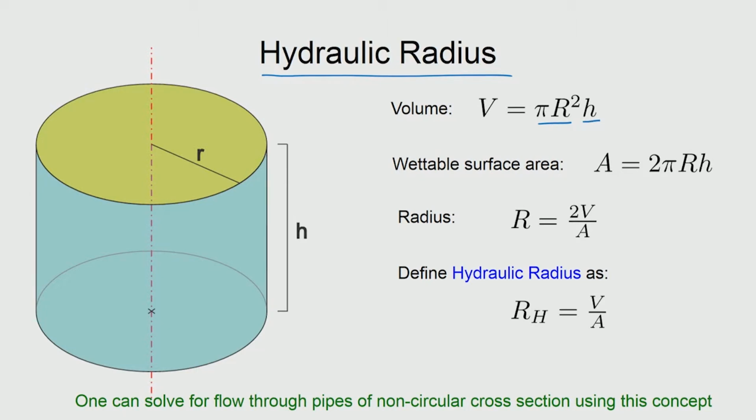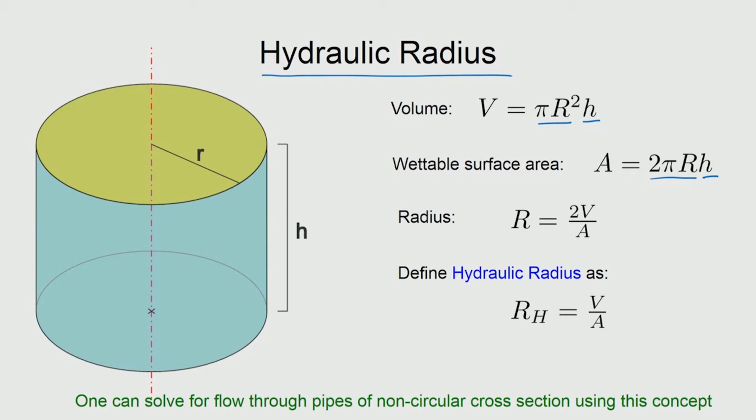The wettable surface area, that is the area which is actually in contact with the fluid, is the surface area which is impeding the motion of the fluid. That would be basically the perimeter times h, and if you take the ratio of these two, you would see that the radius is arrived at from the volume divided by the surface area.